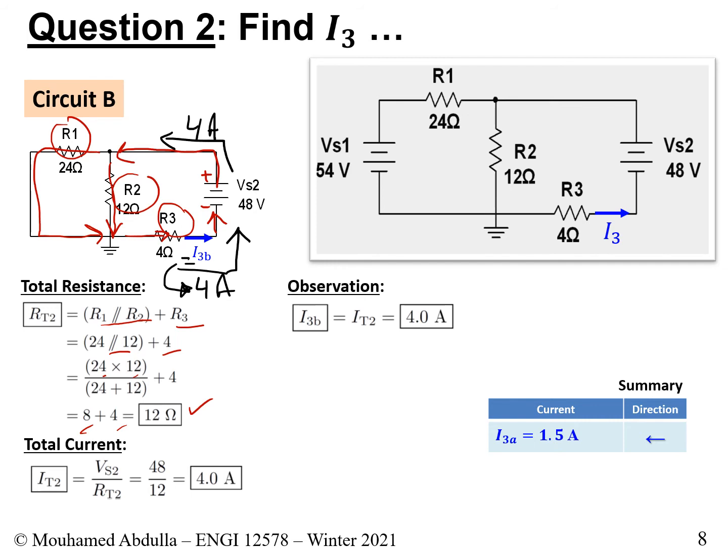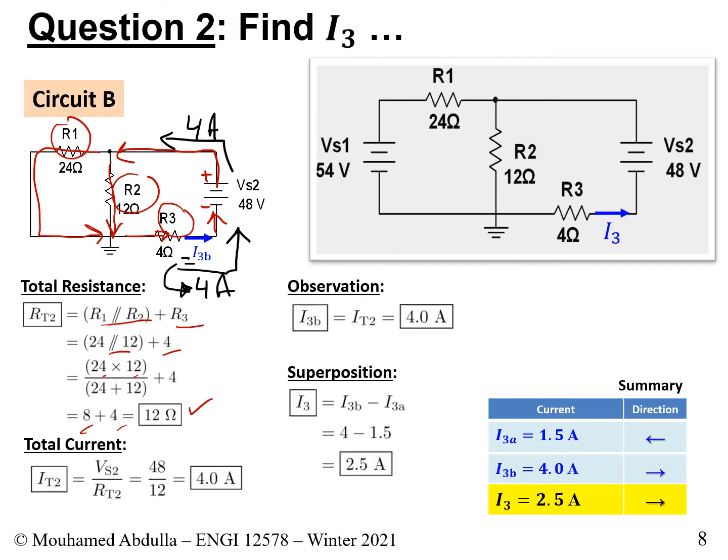And if we note it, it's 4 amps flowing to the left, and that's what we get in here. So if we apply superposition, in circuit B we have 4 amps flowing to the right, and in circuit A we have 1.5 amps flowing to the left.